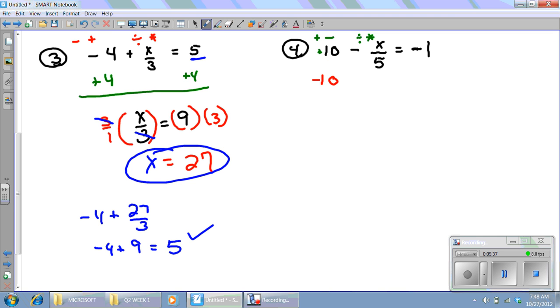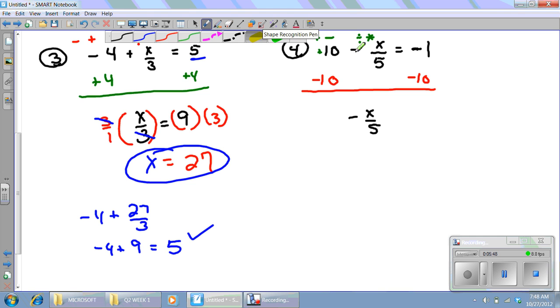I will subtract 10 from both sides. And when I get the left-hand side, I'll get negative x over 5. Very, very, very important. Don't lose this negative here. That term is negative. This term needs to be negative. All right. Negative 1, negative 10. How many negatives do I have altogether? I must have 11 negatives.